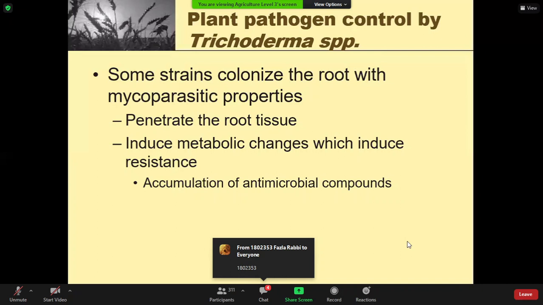For example, phytoalexins will be produced in the plant, and phytoalexins make the plant resistant in a number of ways. And some chemicals will be produced. Those chemicals are toxic to the pathogen only, not to the beneficial microbe. You see here. So metabolism will be altered once the plant comes in contact with the beneficial microorganism. And at the end of this process, the plant becomes resistant and the pathogen becomes weaker.